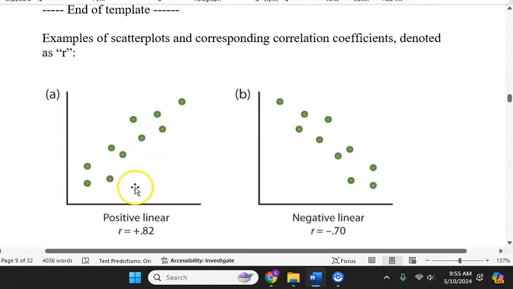Here are some examples of scatter plots and correlation coefficients. Denoted as r is the symbol, the letter for correlation coefficient. So correlation coefficient, also known as correlation statistic. Here we see going northeast, so that's positive.